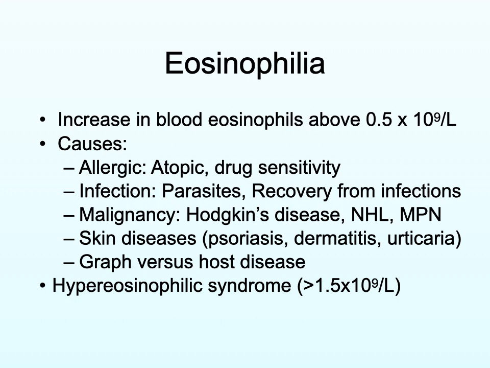Skin diseases such as psoriasis, dermatitis, and urticaria, and also graft versus host disease. Hypereosinophilic syndrome is a condition when the eosinophil count is more than 1.5 times 10 to the power of 9 per liter.